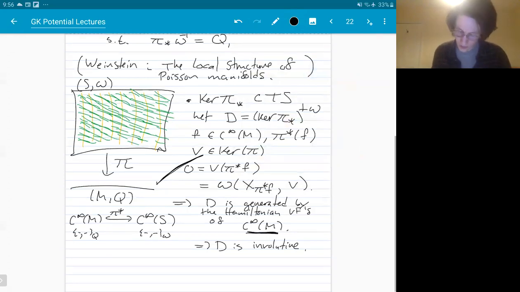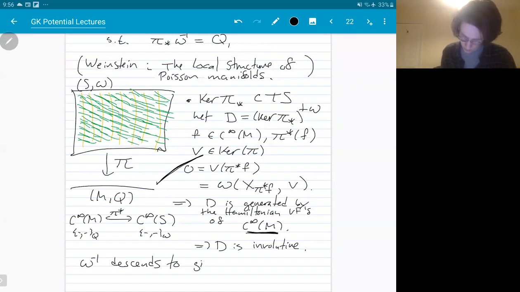Following a similar argument, you can show that the Poisson structure, omega inverse, descends to give a Poisson structure on the quotient of S by this foliation. So here you have the leaf space of the second foliation, and it gets a Poisson structure Q prime.